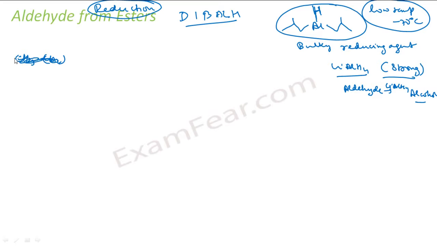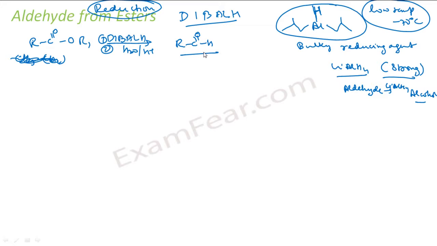Let me take a general equation now. This is my ester, and then I use again diisobutyl aluminum hydride first, and then do hydrolysis in acidic medium. What I get is RCHO. This is what I'll get.